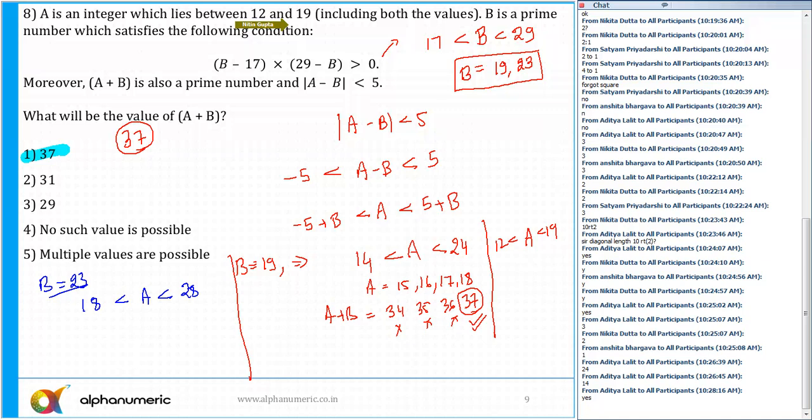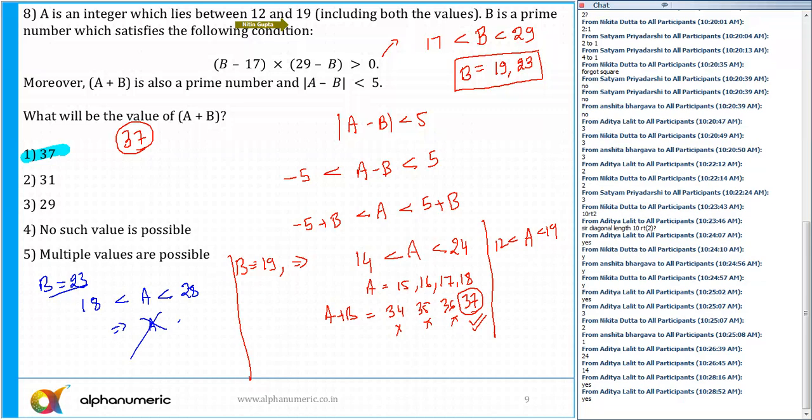We also know that A is lying in the range 12 to 19, the original condition. So there are no values of A which will satisfy these conditions. So that's a unique answer, and that unique answer is 37. Clear? Can I move to the next question now?